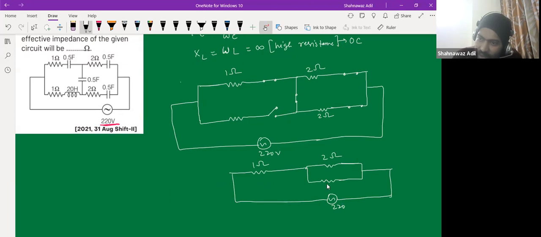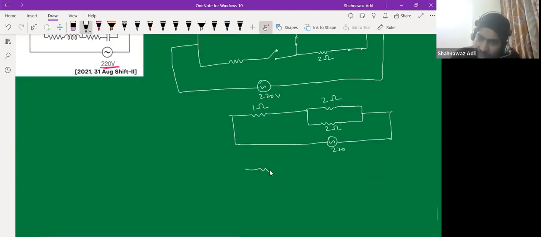This is 2 ohm, this is 2 ohm. So this is 2 into 2 divided by 4, so that is 1 ohm again. So total would be how much? Two. So this is your effective diagram. This is 1 ohm, and this is also 1, right? Connected to this AC supply.